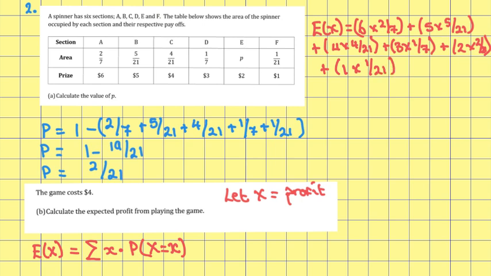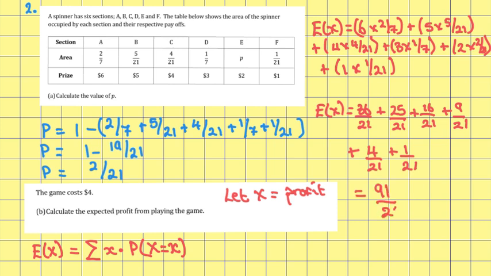When you calculate that out, you get E of X is equal to 36 over 21 plus 25 over 21 plus 16 over 21 plus 9 over 21 plus 4 over 21 plus 1 over 21, which is equal to 91 over 21, which is equal to 4 and 7 over 21, which is equal to 4 and 1/3.